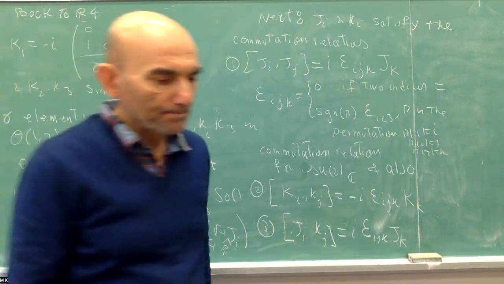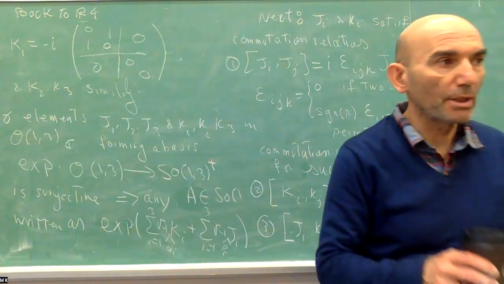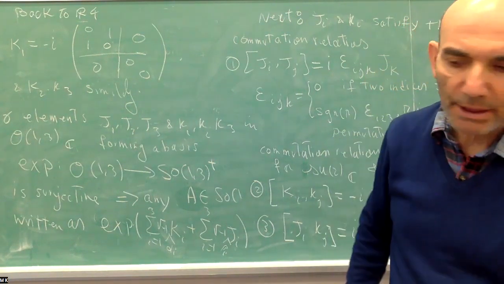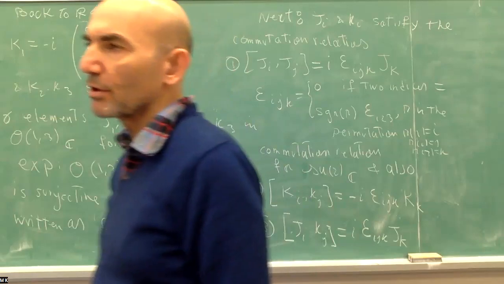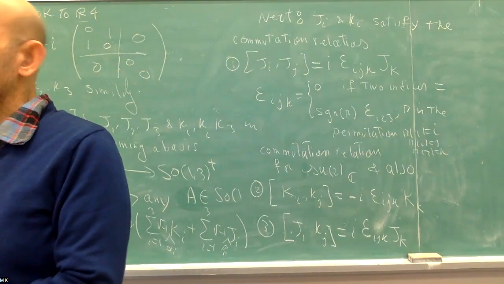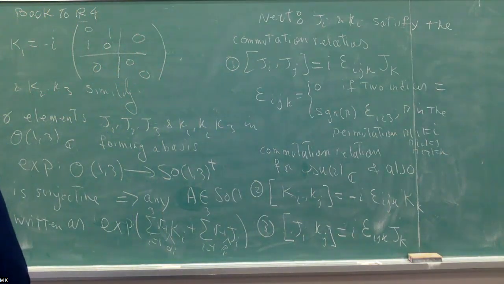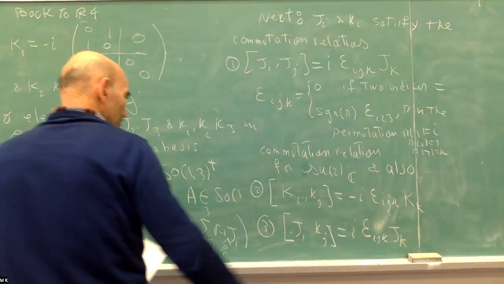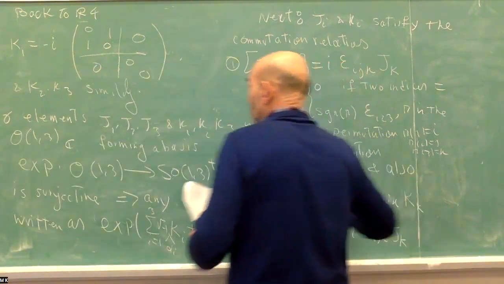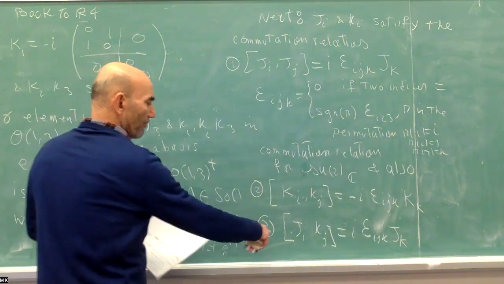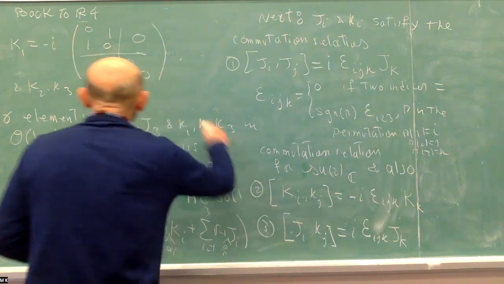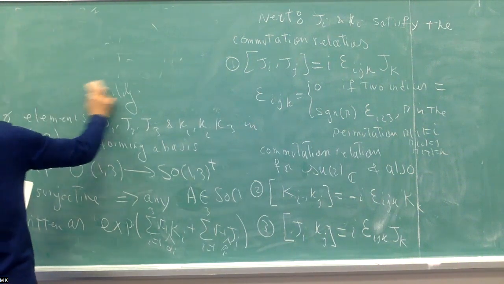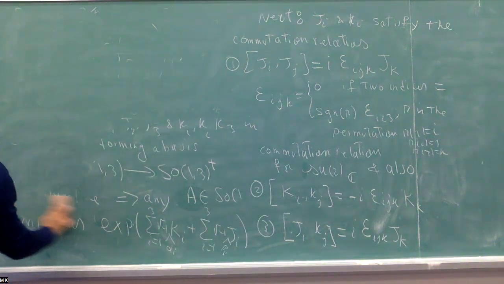So this is a bit like in complex analysis, where you write a complex number as a linear combination of its real and imaginary parts. To handle this problem of non-commutation of J's and K's, we can just define new matrices.